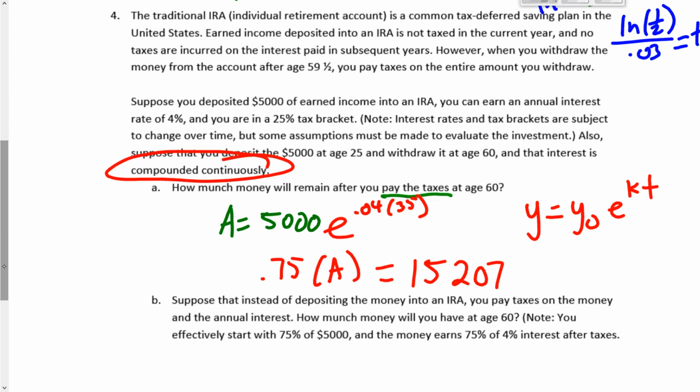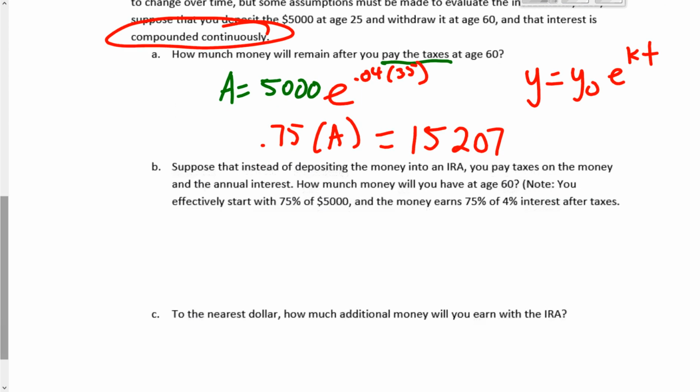And we get around $15,207. Now suppose that instead of depositing into an IRA, we tax the amount we put in beforehand, and that would also affect our interest rate. So we want to figure out how much we'd have if we tax before and then put our money in, so that when we take it out we don't get taxed.